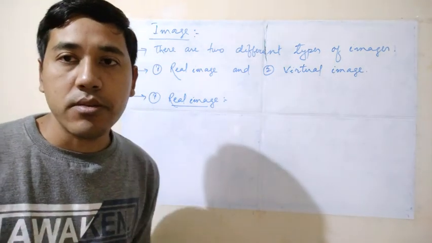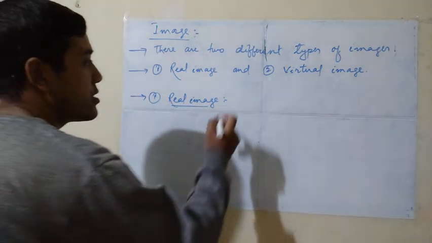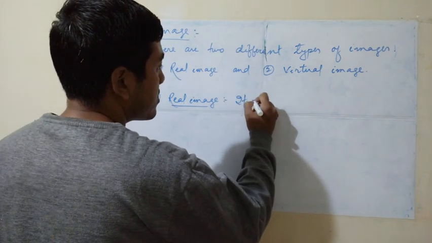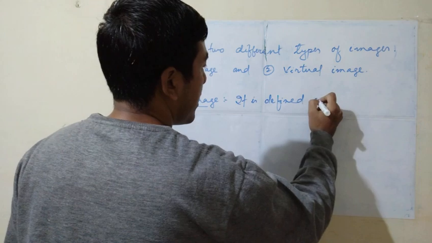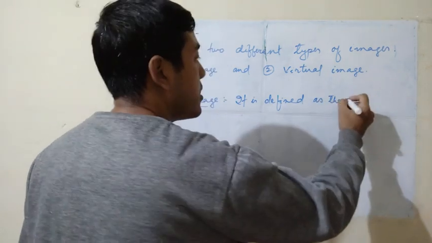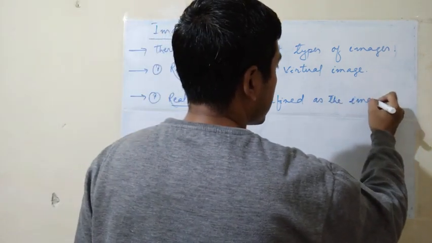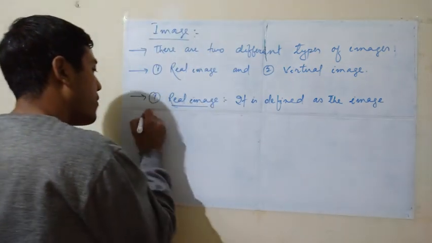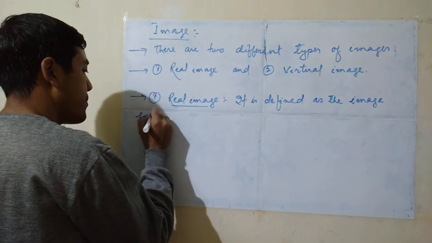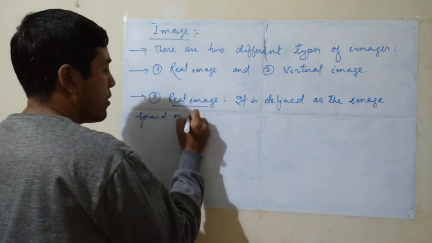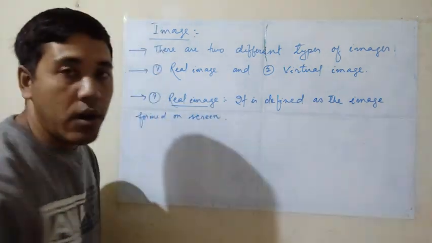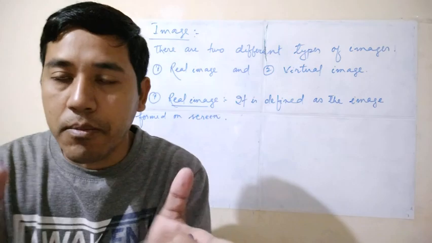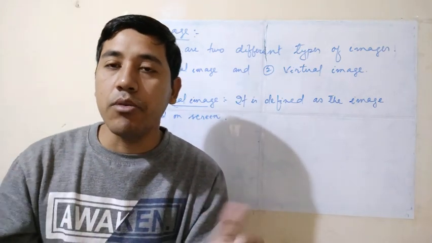You can write the first definition: it is defined as the image formed on a screen. Now look here, in mobile you are seeing some images, some videos, right?